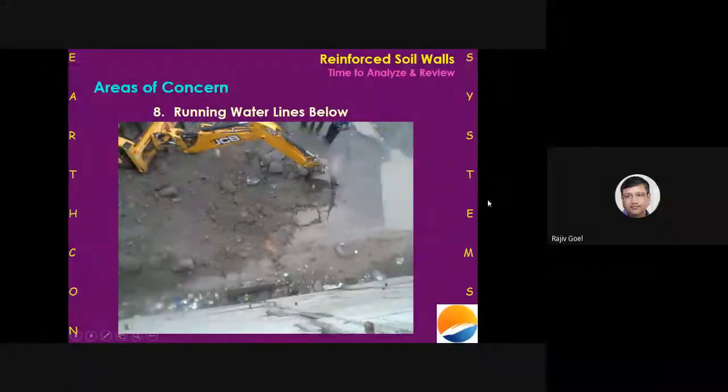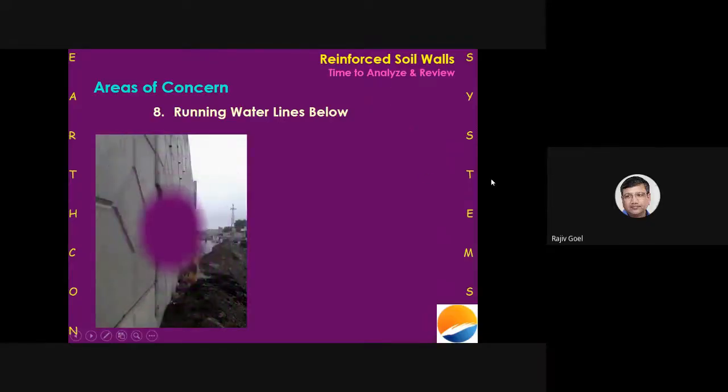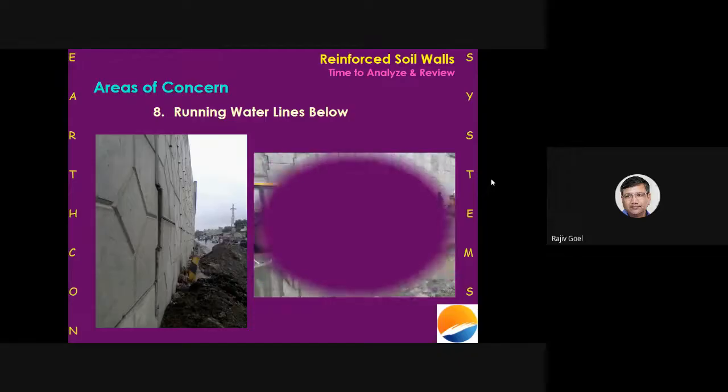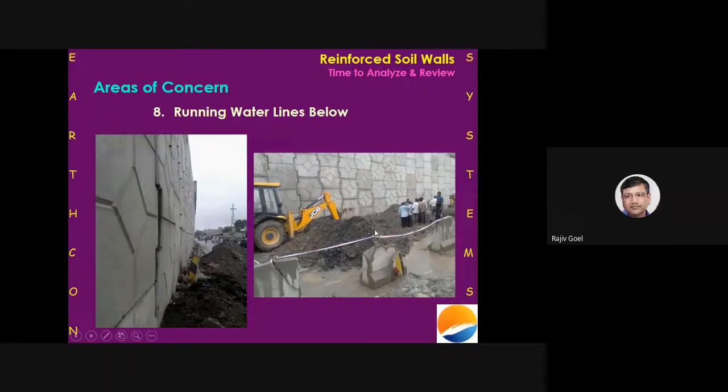And finally, the remedy was that this entire wall was opened up, this water line was redirected below the flyover, and that's when the problem finished. This was all excavated, this entire wall was redone, this pipeline was diverted below the flyover, and that was the only remedy left.